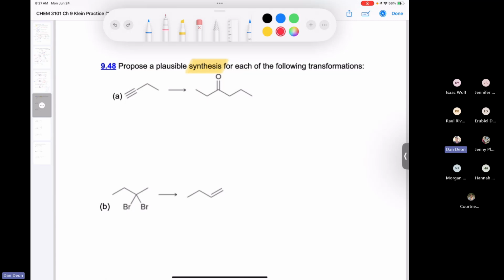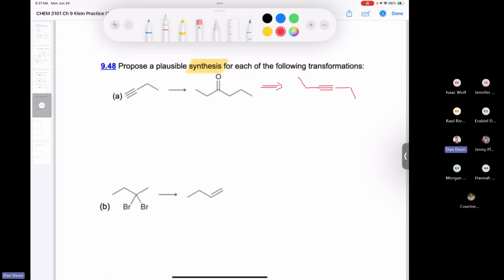We can try one for this one, but you can see that if you started with 3-hexyne, and then you just did a hydration reaction, so just, you know, Markovnikov or anti-Markovnikov addition of water, you're going to end up with an enol.